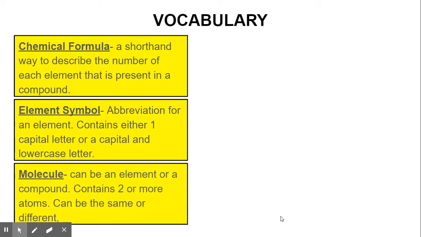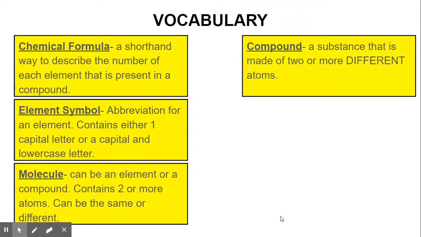Molecule can be an element or a compound. The basic rule to make it a molecule is that it has to contain two or more atoms. Those atoms can be the same or they can be different. A compound is a substance that is made up of two or more different atoms.